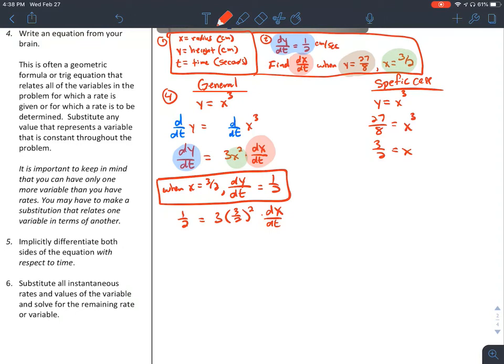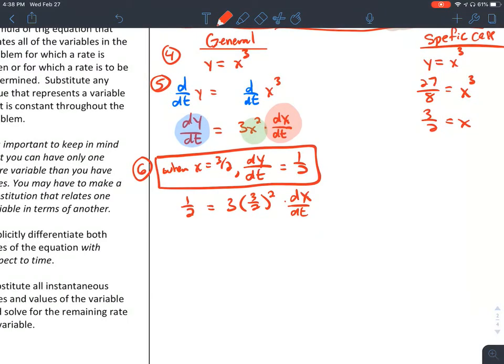This would be step 4, I wrote the equation. Step 5, I found the derivative implicitly. Step 6, I am substituting all the instantaneous rates and values for the variables and solving for the remaining variable. If you square a fraction, you square the top and you square the bottom.